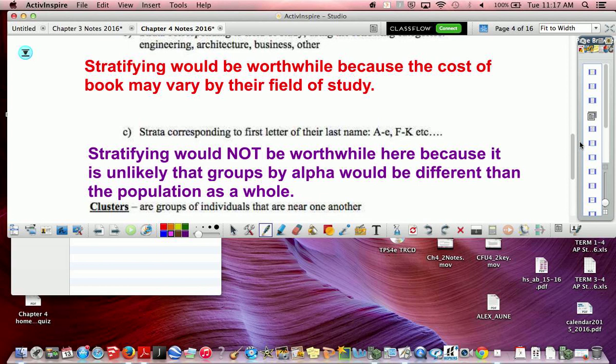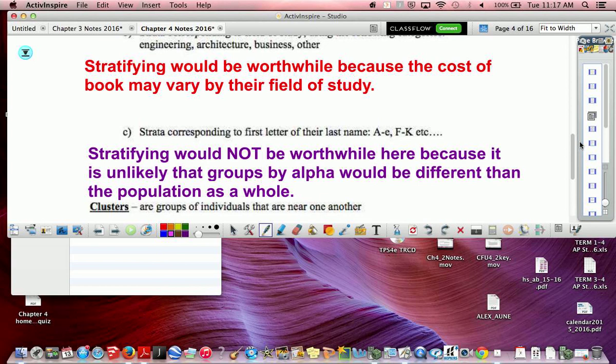Now again, just note that a simple random sample and a stratified random sample are two different things. The simple random sample will guarantee that all samples have an equally likely chance of being chosen. When you stratify, that is no longer the case, because you're making sure that certain groups or people are being represented.